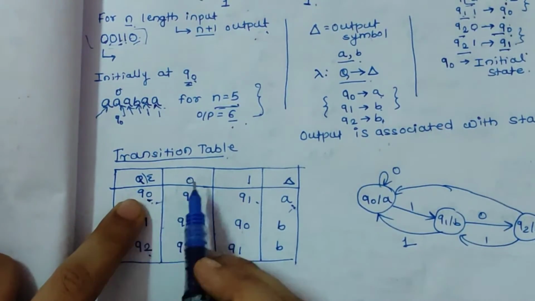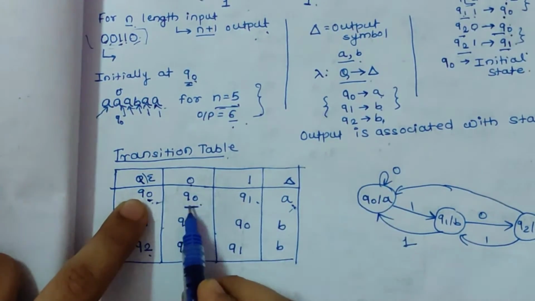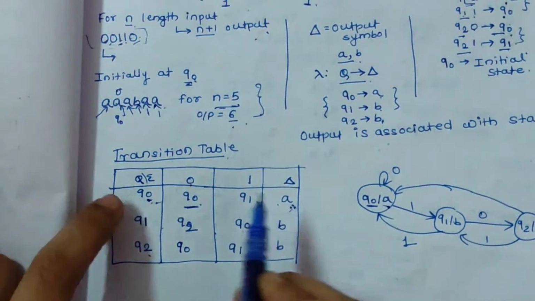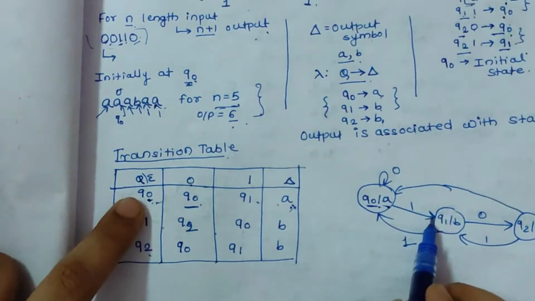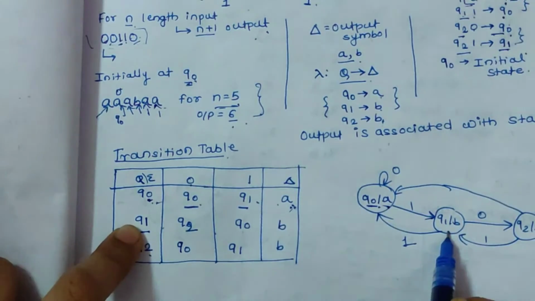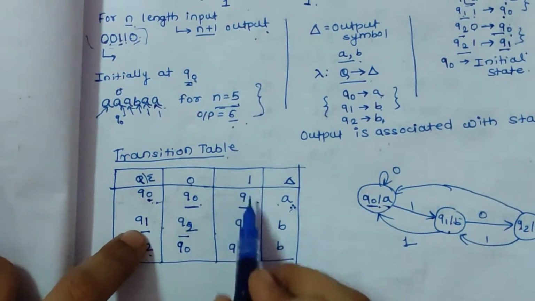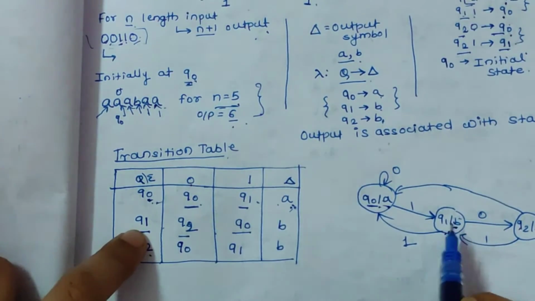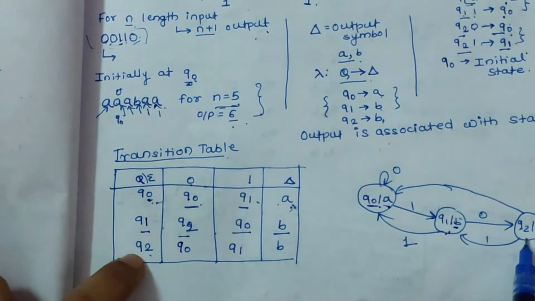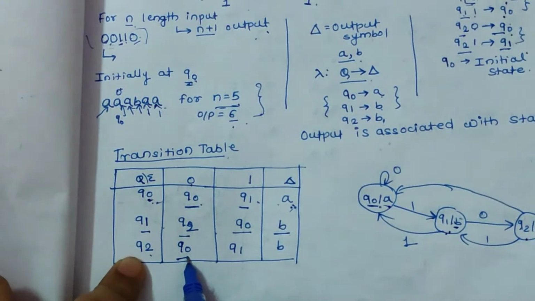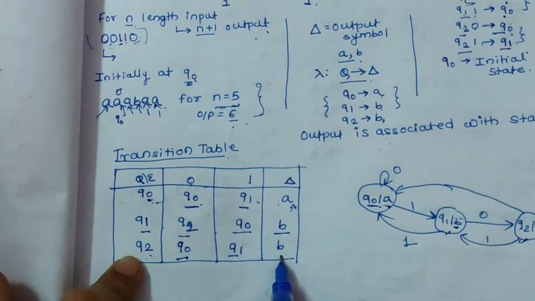For state q0, if we provide input 0, we are in state q0 and the output associated with q0 is A. Then if q0 and input is 1, we are in state q1. Now in q1, if we give input 0, we are going to state q2, and with input 1, we are going to state q0, and the output associated with state q1 will be B. And in state q2, if we give input 0, we are in state q0, and if we give input 1, we are in state q1, and the output associated with q2 will be B.